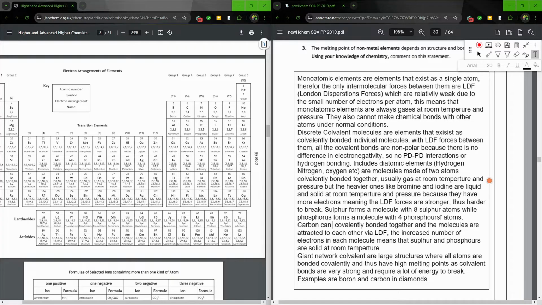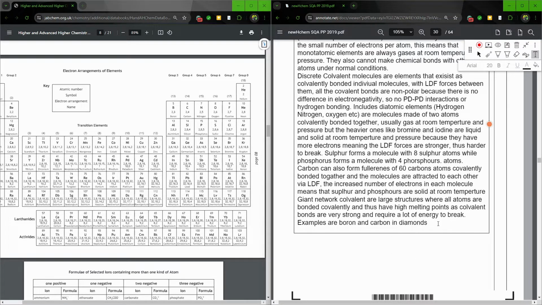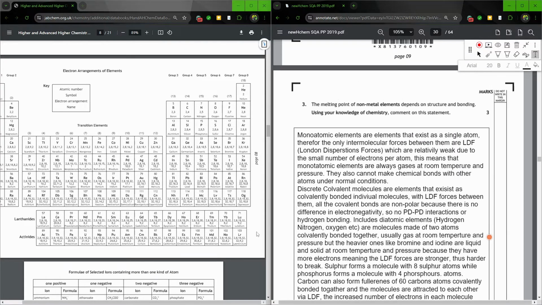Carbon can also form fullerenes of 60 carbon atoms covalently bonded together. We're already rolling quite a bit, so I'll just make sure I've really tied it back to melting point, and then we should get a ton of marks.